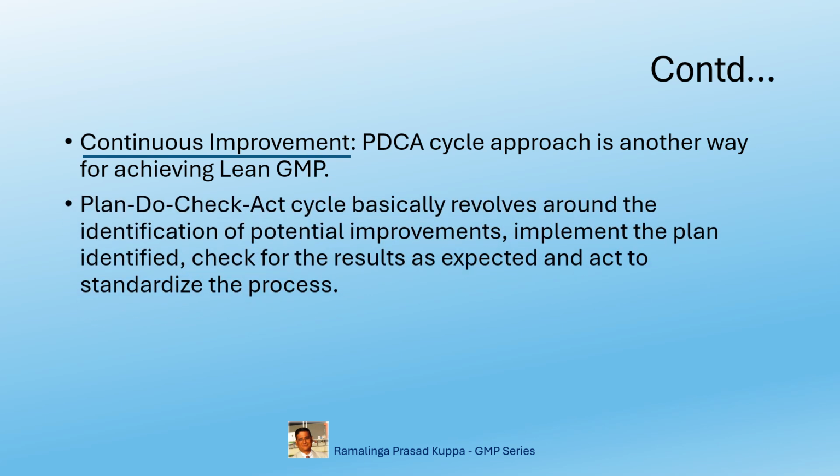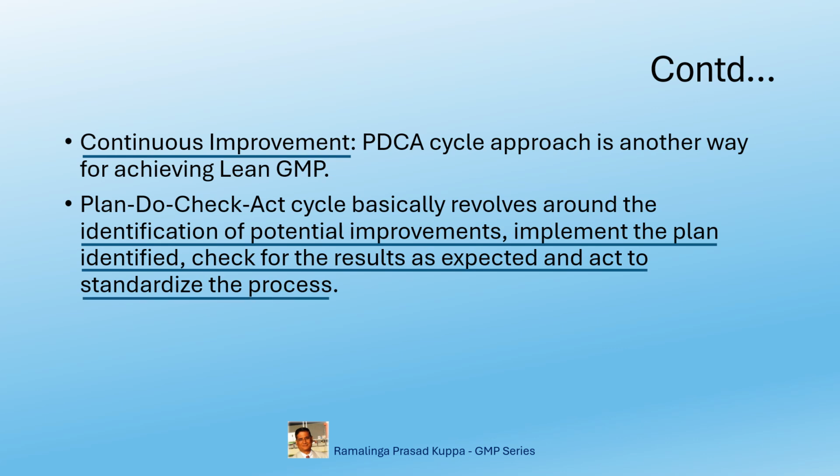Plan, do, check, act, that is PDCA cycle, basically revolves around the identification of potential improvements, implement the plan identified, check for the results as expected, and act to standardize the process.